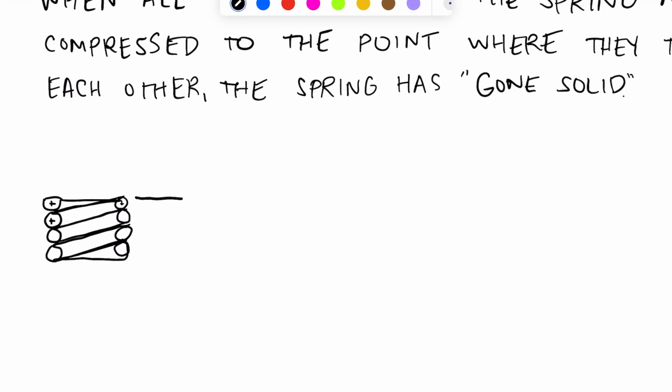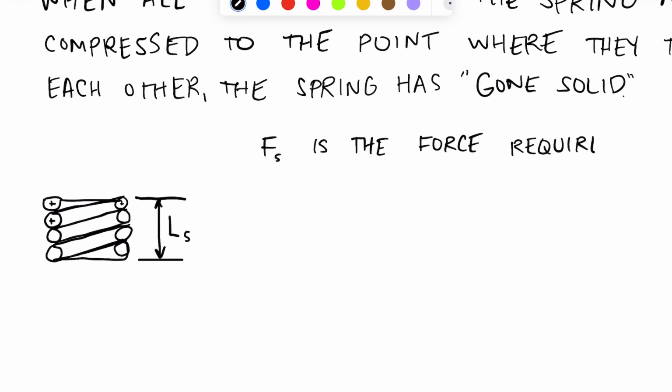This height of the spring at which all the coils are touching one another is called the solid height of our spring, or the solid length. And F sub S is the force required to achieve closure.